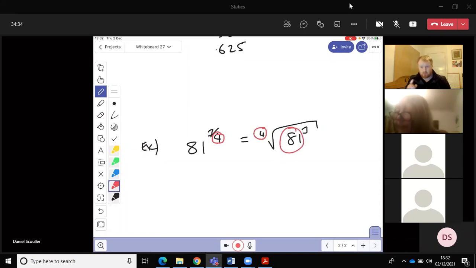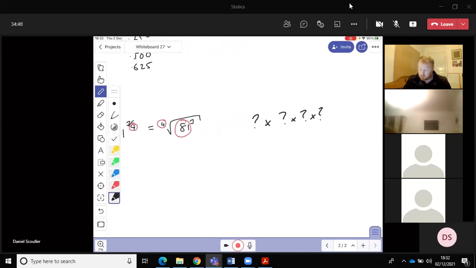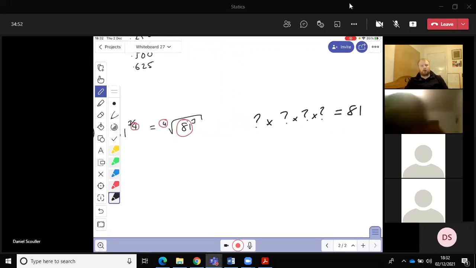So for this one, we need 4 numbers that multiply together to make 81. They all need to be the same number. So times what, times what, times what equals 81. It's just a case of taking your time.